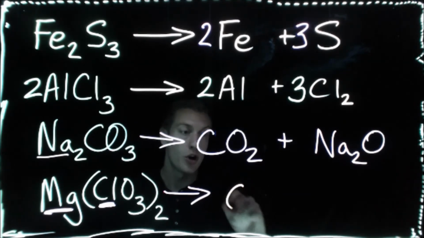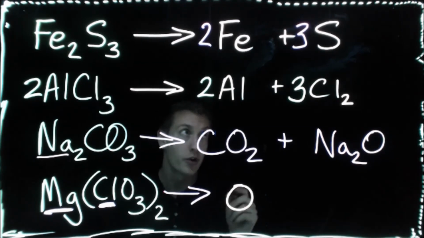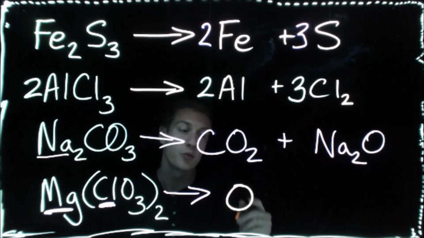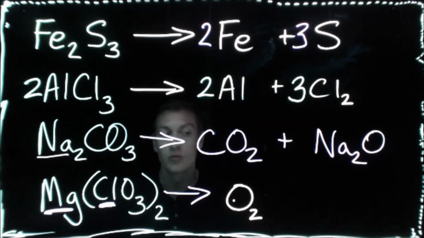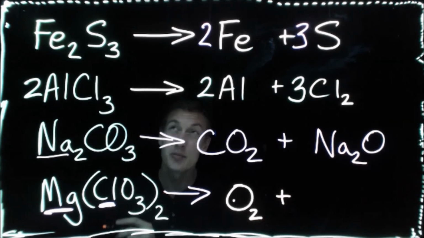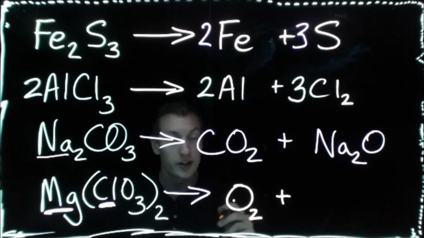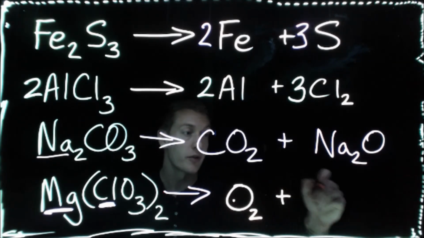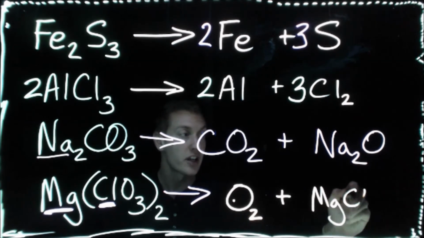So we're going to form O. Now, oxygen is also one of our diatomics, like chlorine was. So I'm not going to write just O, I'm going to write O2. Plus, magnesium takes on a 2+ charge, chlorine takes on a 1- charge, so that means the formula for magnesium chloride is MgCl2.